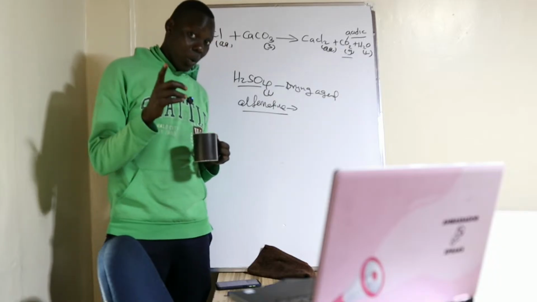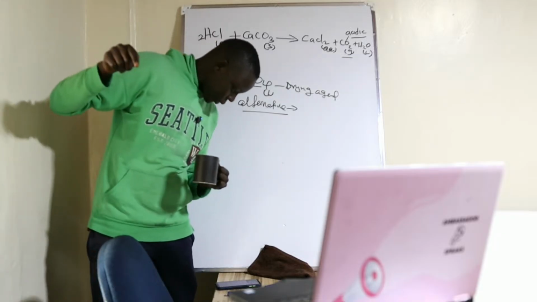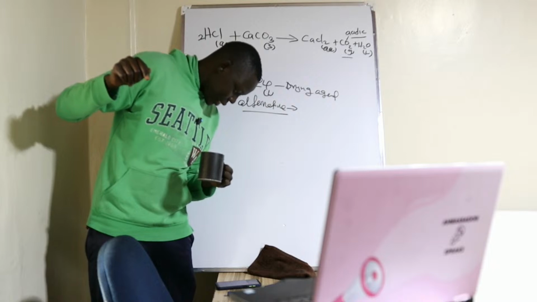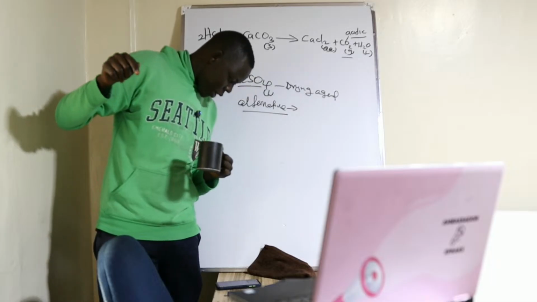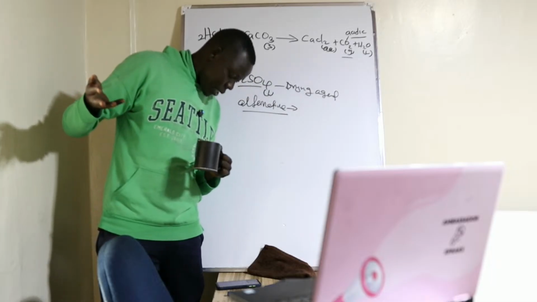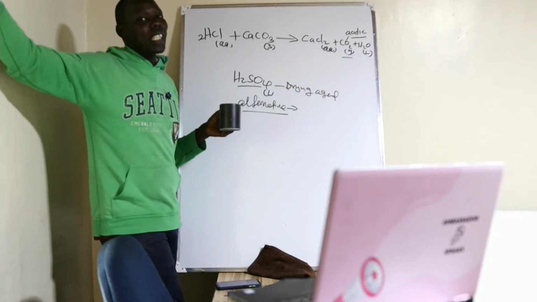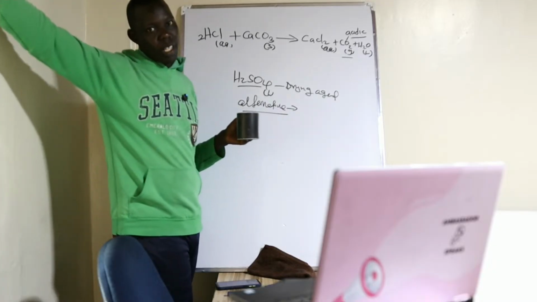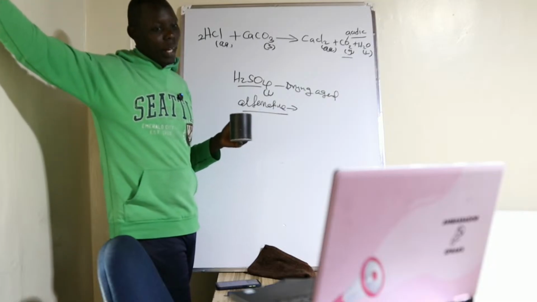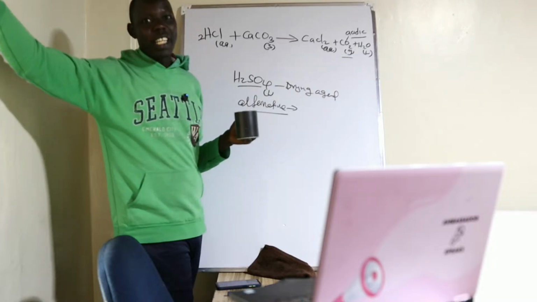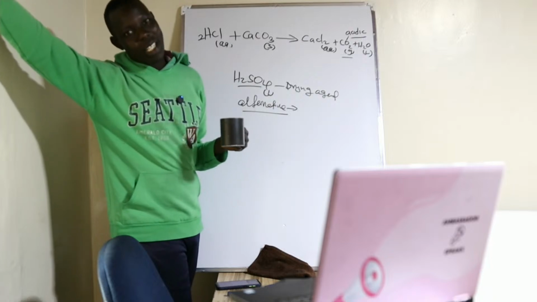Your answer is correct, the first one, that is anhydrous calcium chloride. So avoid combinations that will give you an insoluble salt. Do we understand? Yes. Now, because we are almost finalizing the lesson, give me a combination of an acid and a carbonate that can be used to prepare CO2 gas.